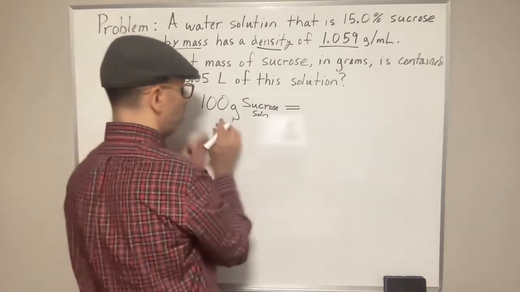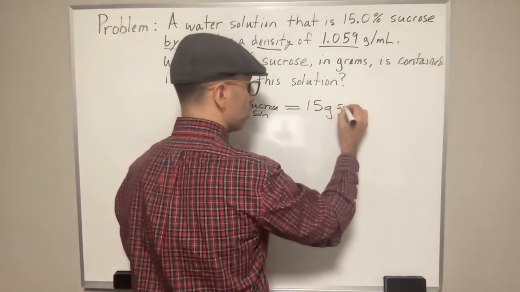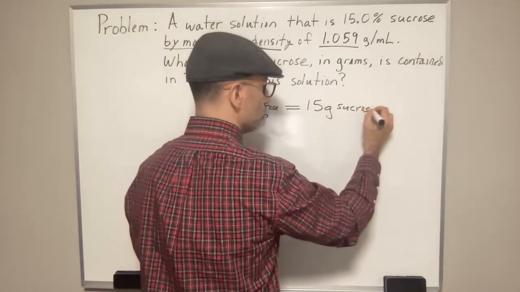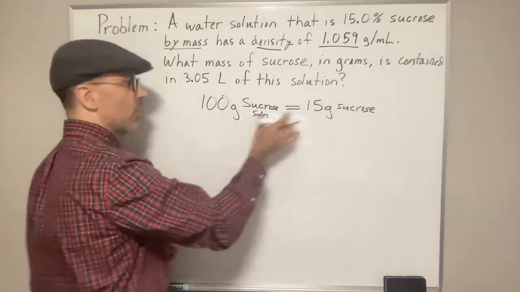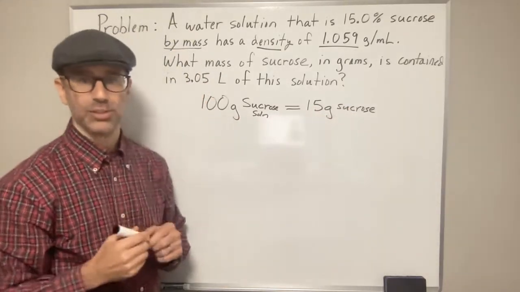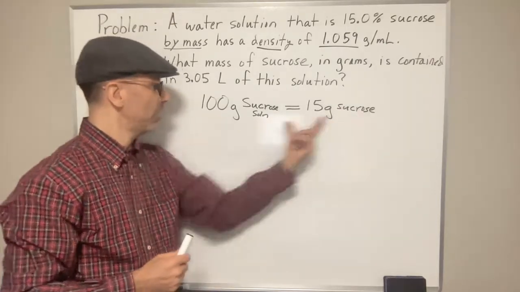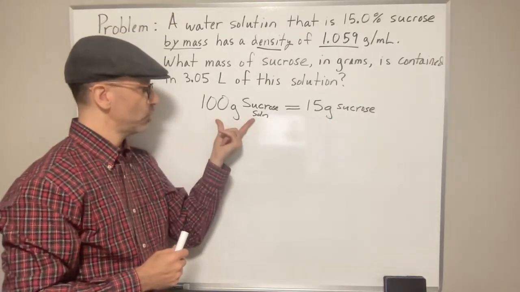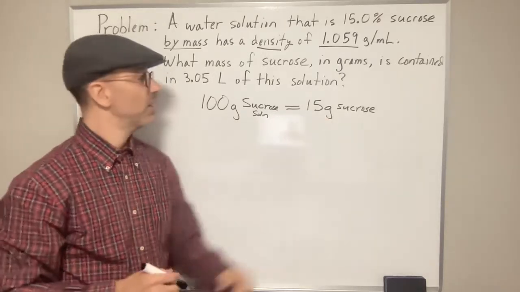So out of 100, we have 15 grams of sucrose. So for 100 grams of sucrose solution, we have 15 grams of sucrose in that solution. That's what the percentage means. So now we have our equality between grams of solution and grams of sucrose. We can use that as a conversion factor.